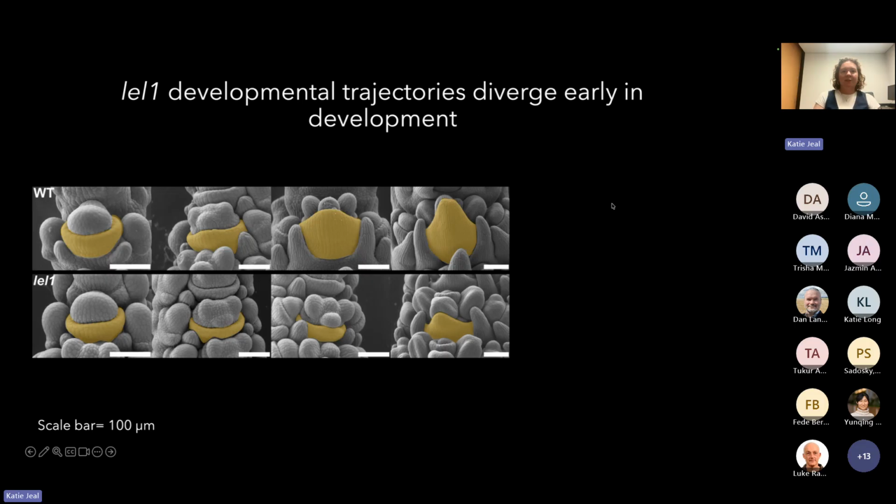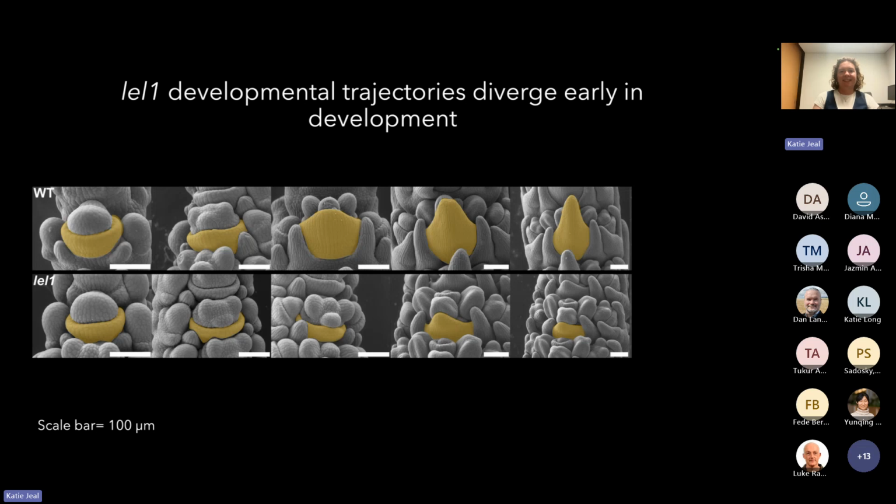As we begin to see awn initiation in our wild type, indicated by this invagination of the lemma, we do see that the awn in leafy lemma is initiating at a similar stage, but the lemma body is much more reduced. And as we see the awn begin to elongate in our wild type, we don't see this in leafy lemma, which indicates a developmental delay.